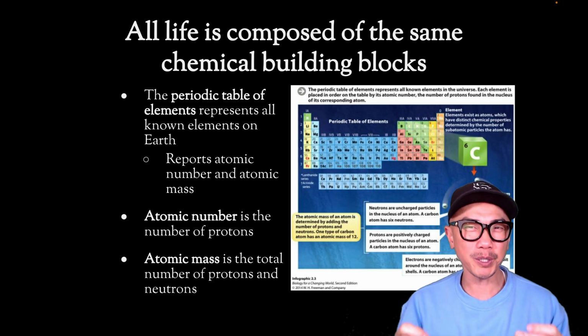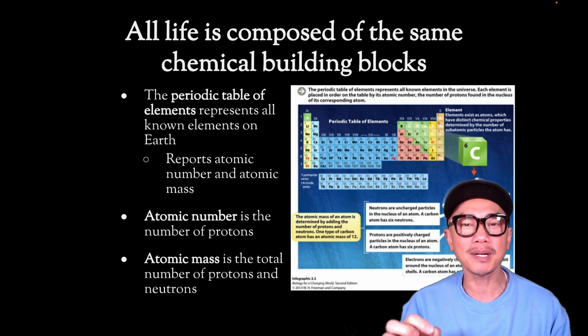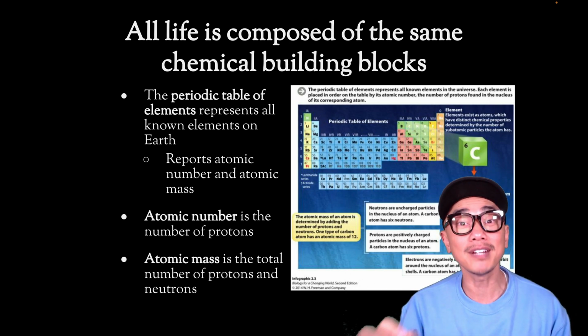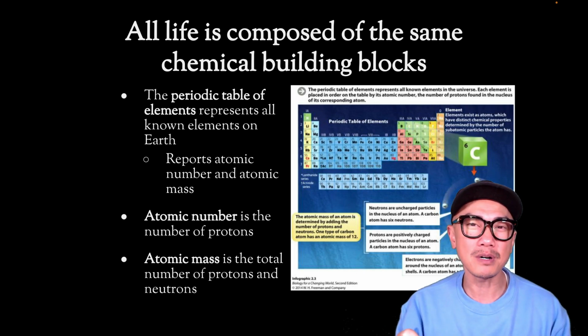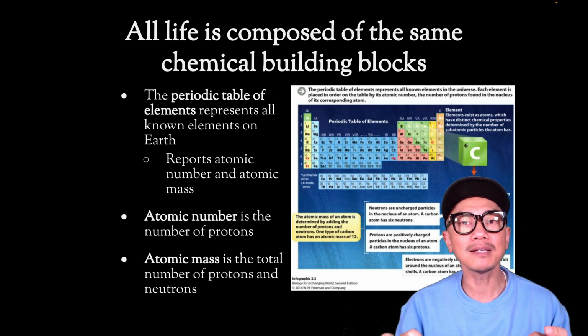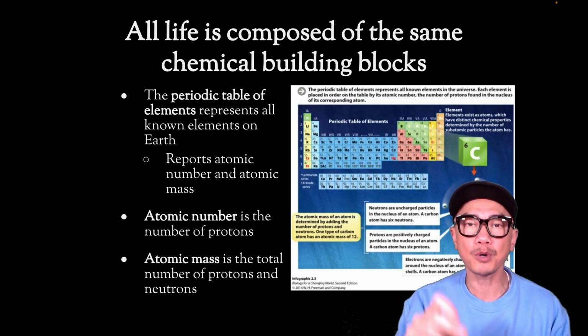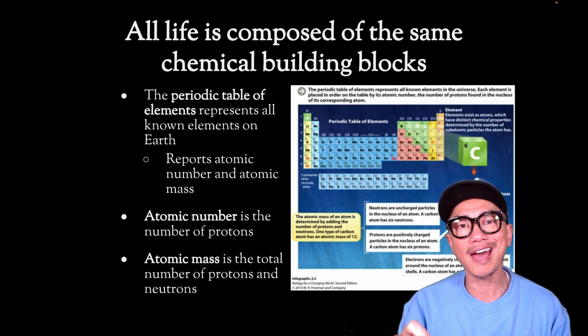We can use the periodic table to determine the atomic number and atomic mass of an element. The atomic number is simply the number of protons in an atom of any given element. The atomic mass is the total number of protons and neutrons in an atom.